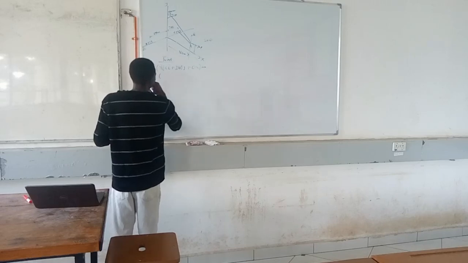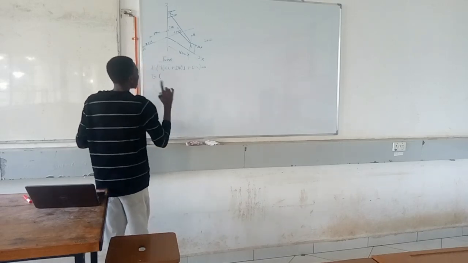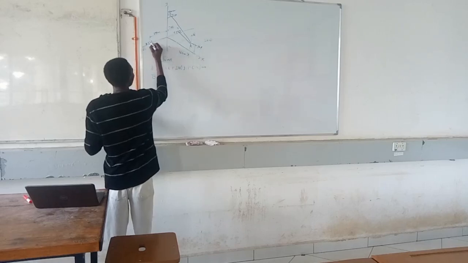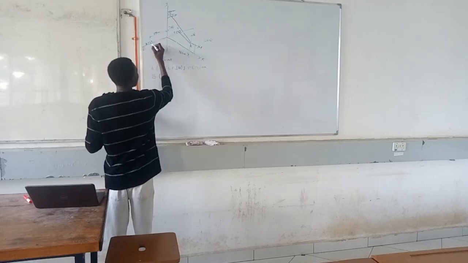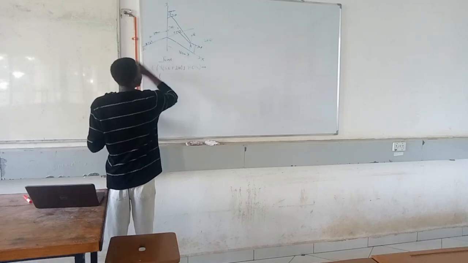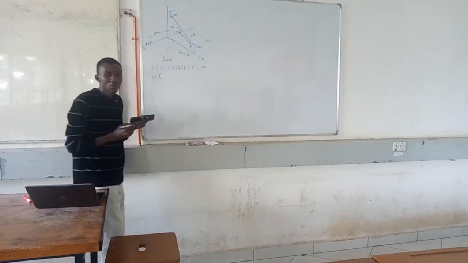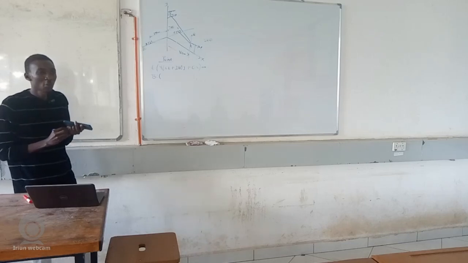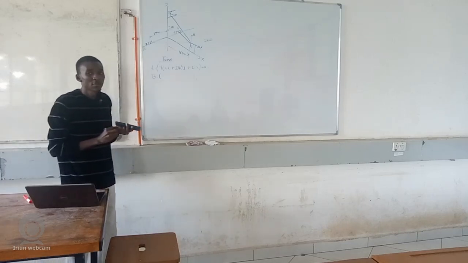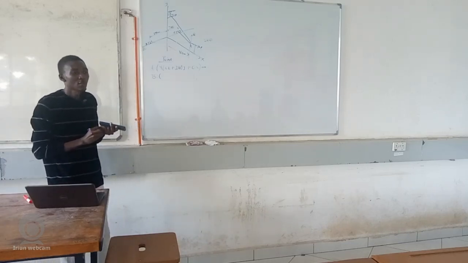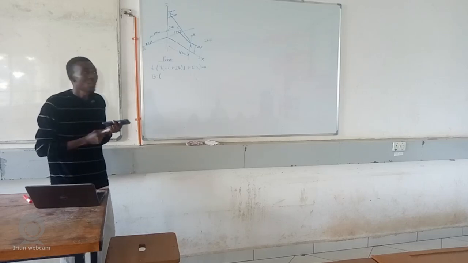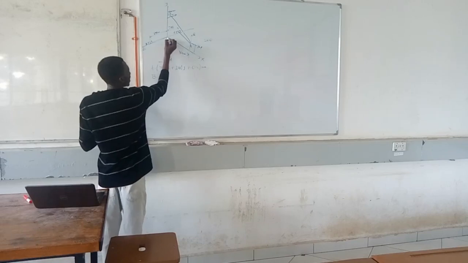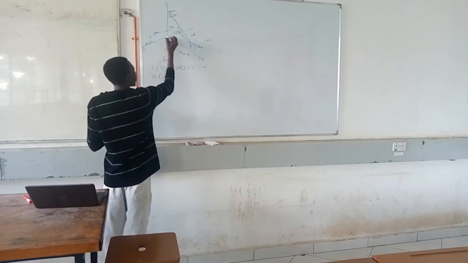We're going to identify the coordinates in the x, y, and z. Point B is this point. What is the distance of point B in the x? The x-axis is either this side or that side.